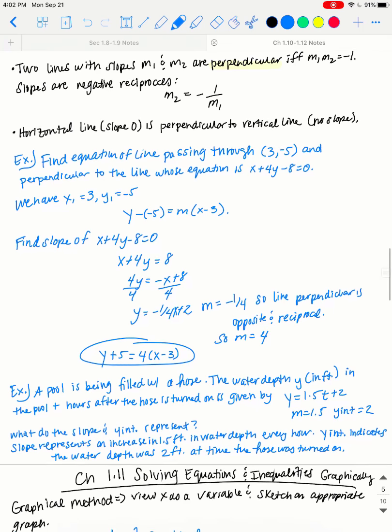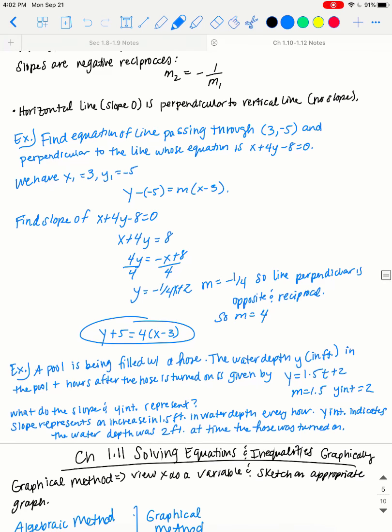So for example, we're going to find an equation of a line passing through 3, -5 and perpendicular to the line whose equation is x plus 4y minus 8 equals 0. So we have x1 equals 3 and our y1 equals -5.